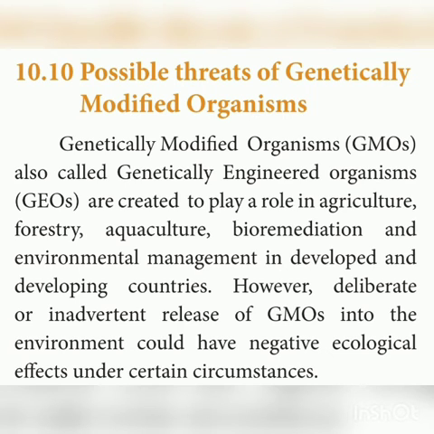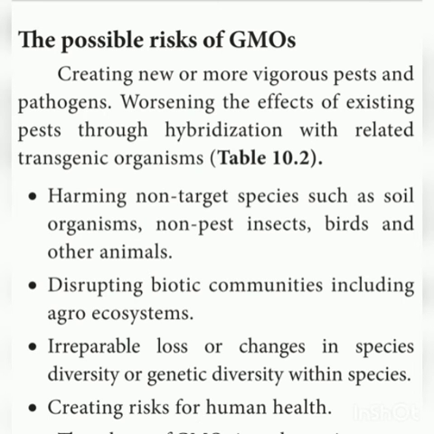The possible risks of these genetically modified organisms are creating new or more vigorous pests and pathogens, worsening the effects of existing pests through hybridization with related transgenic organisms, and harming non-target species such as soil organisms, non-pest insects, birds and other animals.